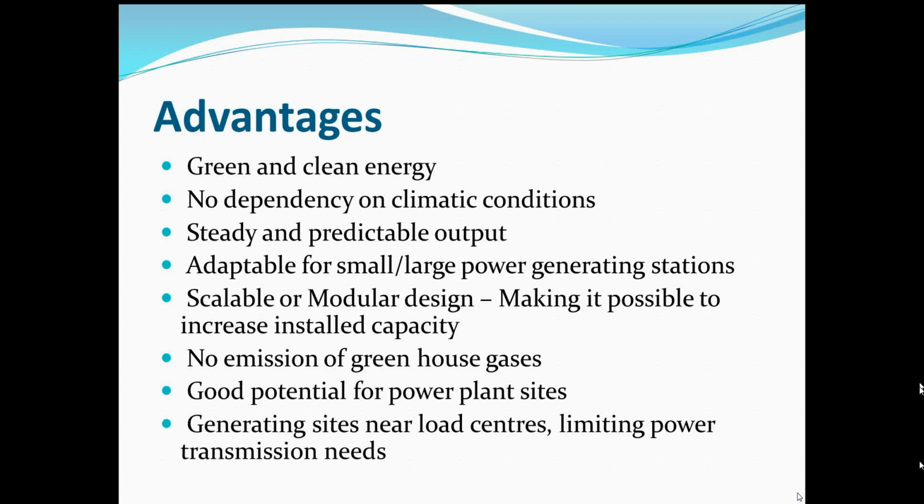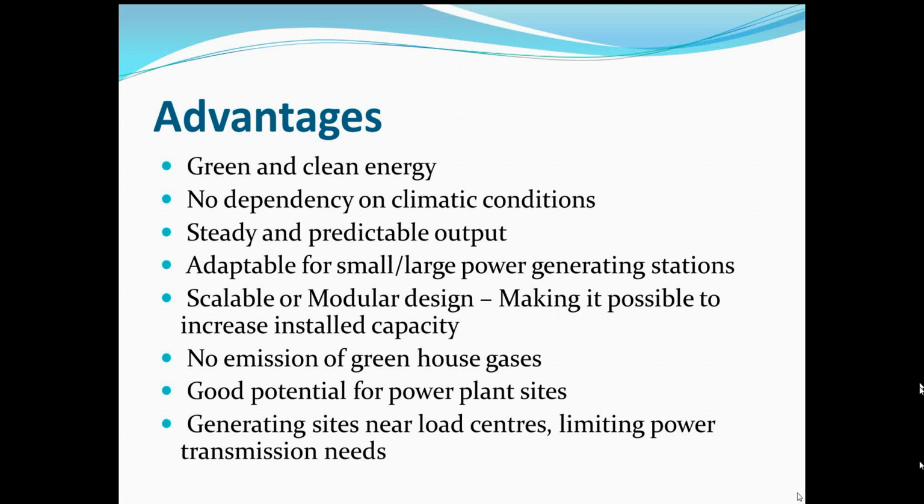Then there is a good potential for power plant sites, because an estuary is a point where there always lies a habitat. So that place would be a good place for the power plant, because we can have employment at that place. Then we can reduce the transmission needs.